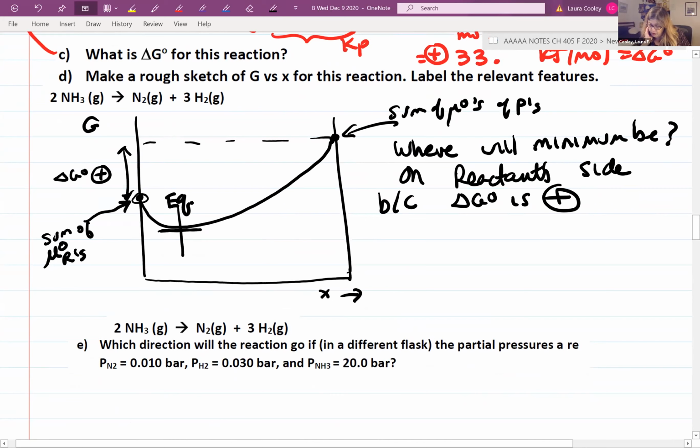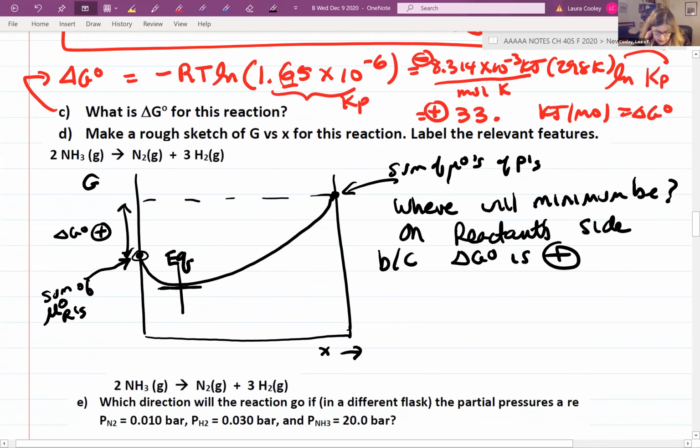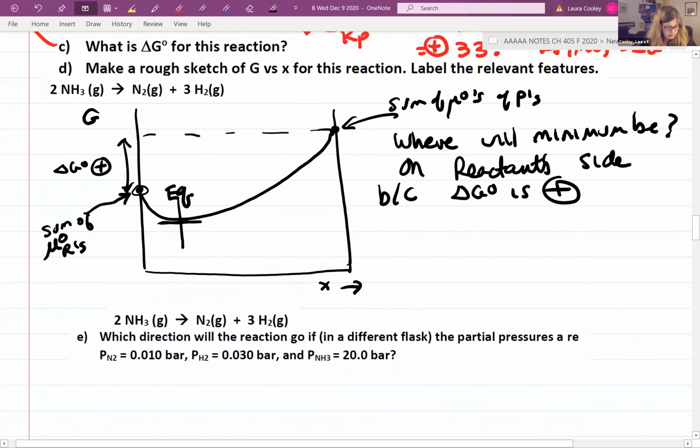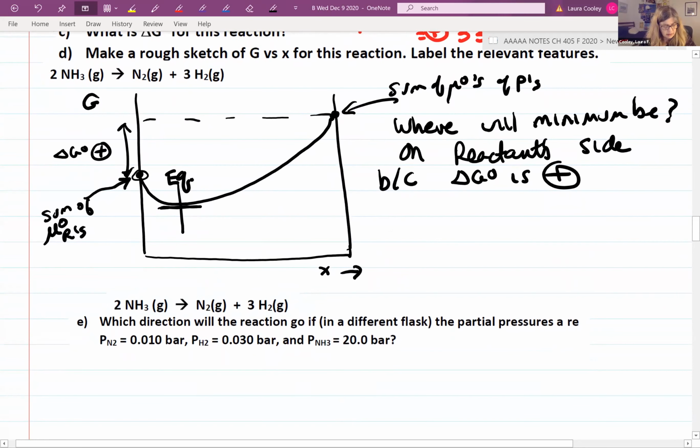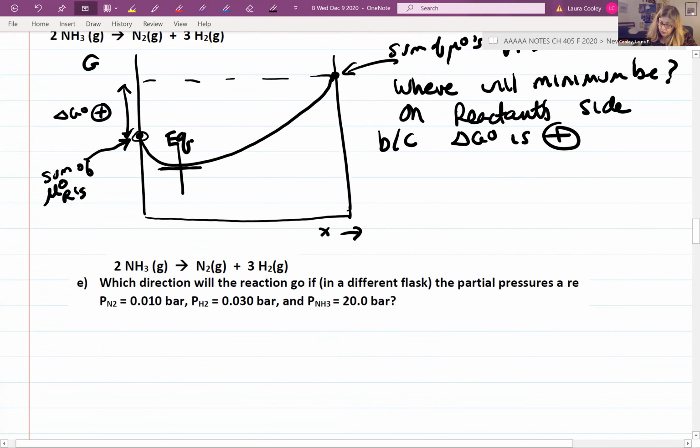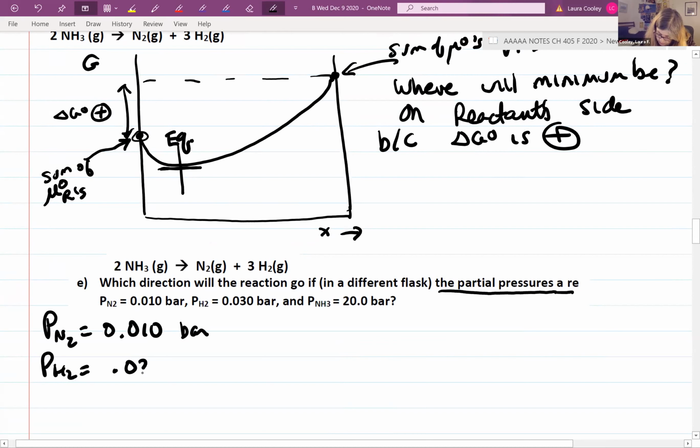Which direction will the reaction go if the partial pressures are PN2 is 0.010 bar, PH2 is 0.030, and PNH3 is 20?